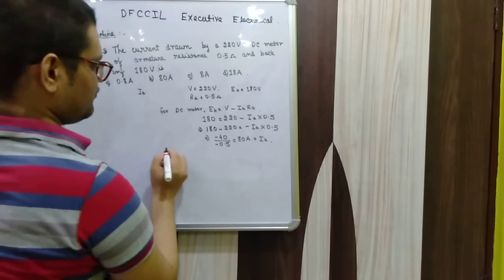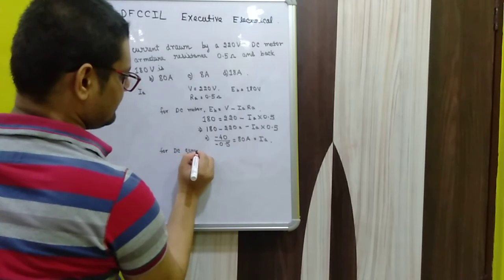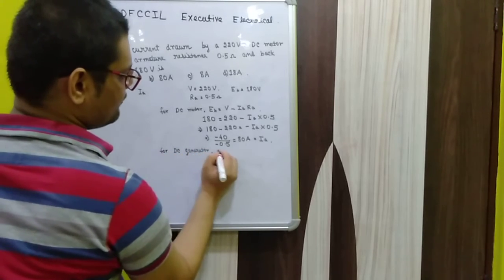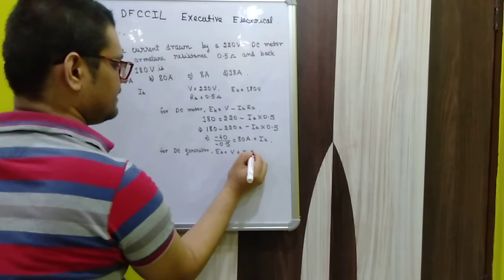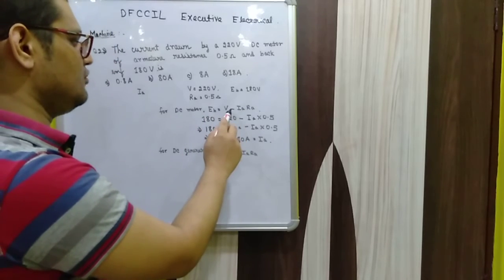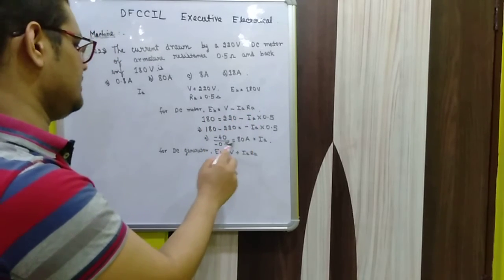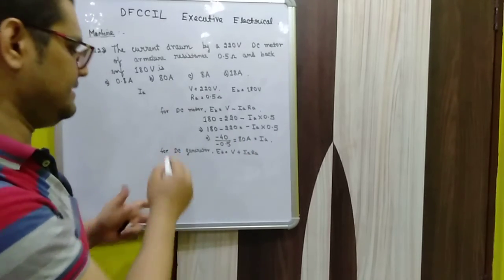If they had asked for a DC generator, then the back EMF would have been V plus Ia Ra. But they are asking for the DC motor, so the back EMF is V minus Ia Ra. So the armature current is 80 ampere. I hope this is a very easy numerical.